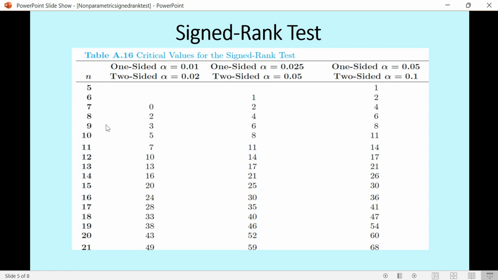For example, with 10 samples and one side of the test, alpha is 0.025. If the smaller of the ranking totals, from either the positive or negative side, is less than this number, we will reject the hypothesis that the population median equals this value.